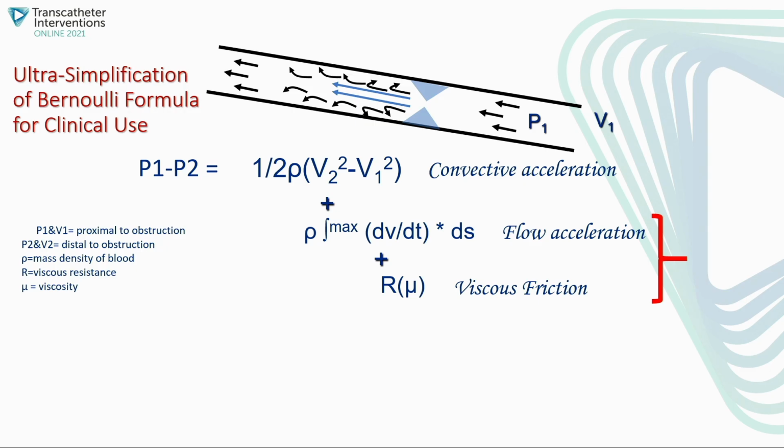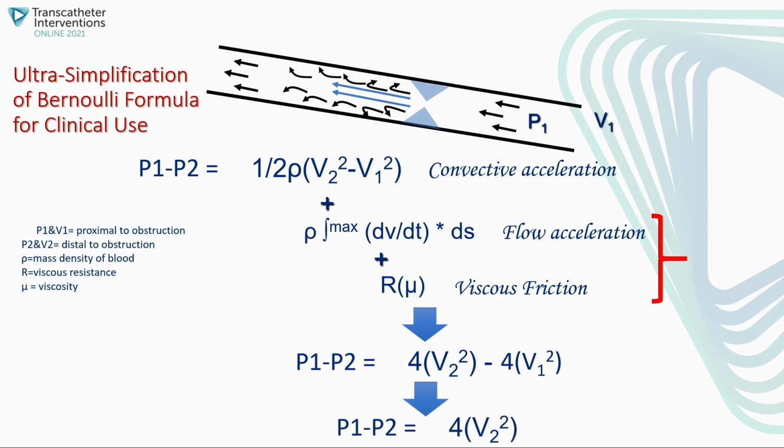For clinical use, we do a simplification. It's not a simplification, it's an ultra simplification. So we neglect the flow acceleration, we neglect the viscous friction, and we end up with the convective acceleration remaining. But we further neglect V1, the velocity pre-prosthesis in the convective acceleration, to finally end up with this very short abbreviated version of the Bernoulli formula, where now it's only 4 times V2 squared.